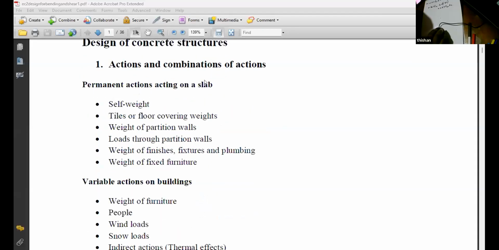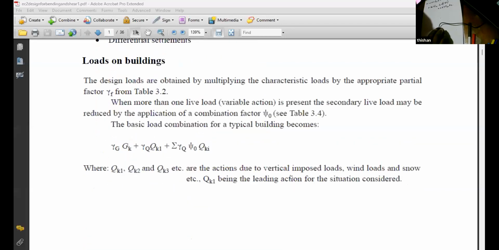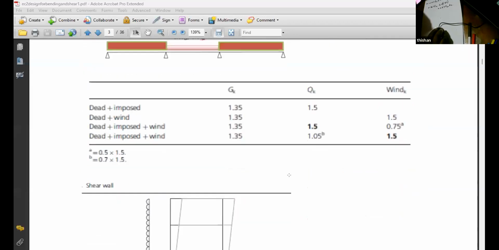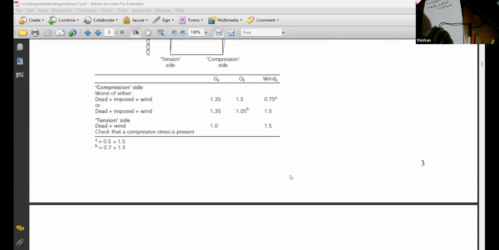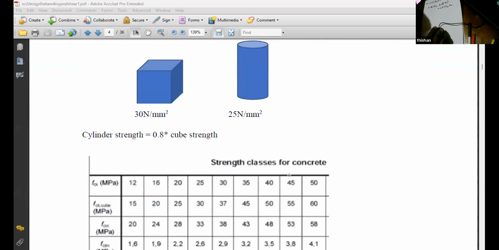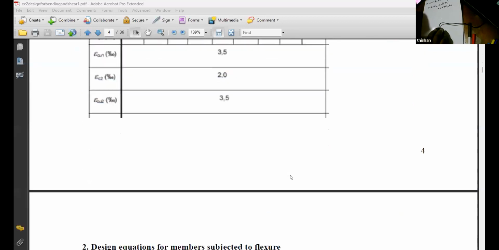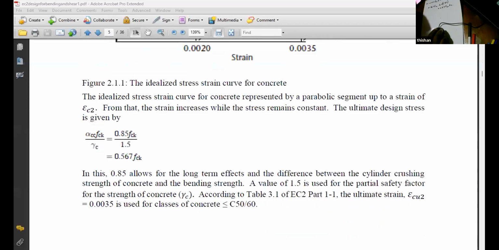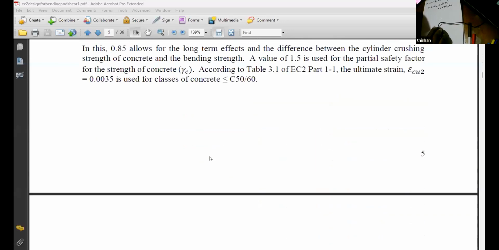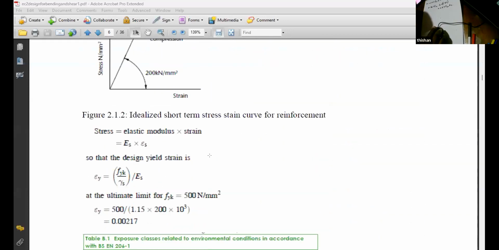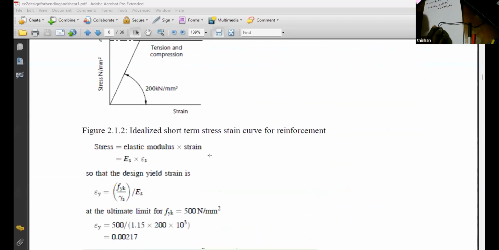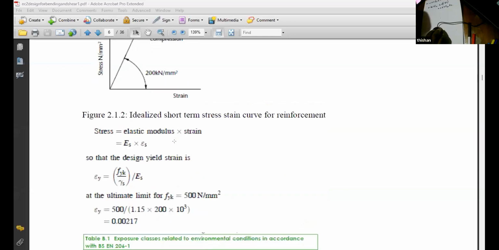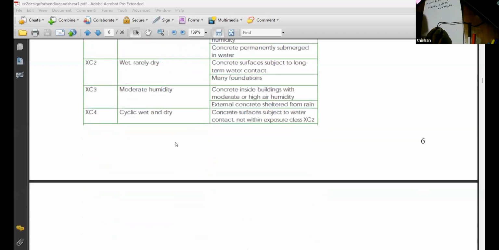So this is the note, and we have already discussed these basic things: how we create pattern loading, the kind of pattern loading we need in concrete design, the properties of concrete, the stress-strain curve, and this 0.567 fck, and then steel properties, and why you get 0.87 here, and then the cover requirements.